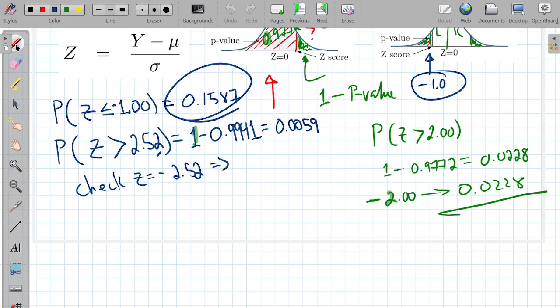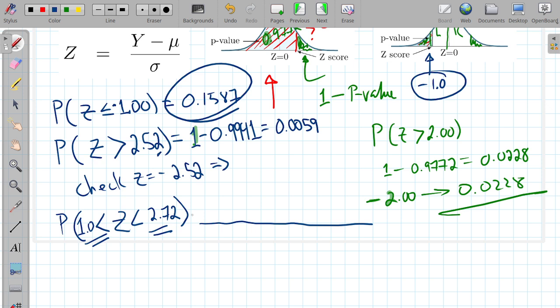What is the probability that Z is greater than, we'll keep these both on the positive side this time, greater than 1.0 and less than 2.72. Now I've given you two values. I've got a lower bound and an upper bound. Probably want to sketch that. It's always a good idea to sketch things when you're not sure exactly what to do.